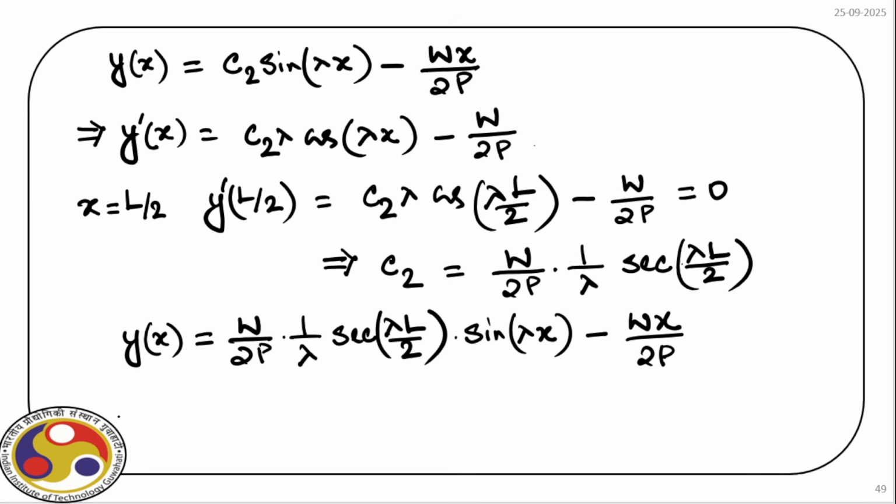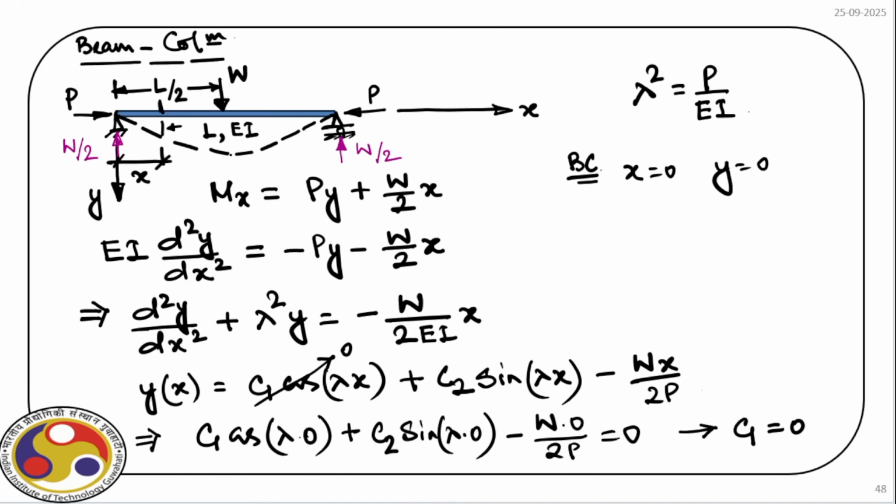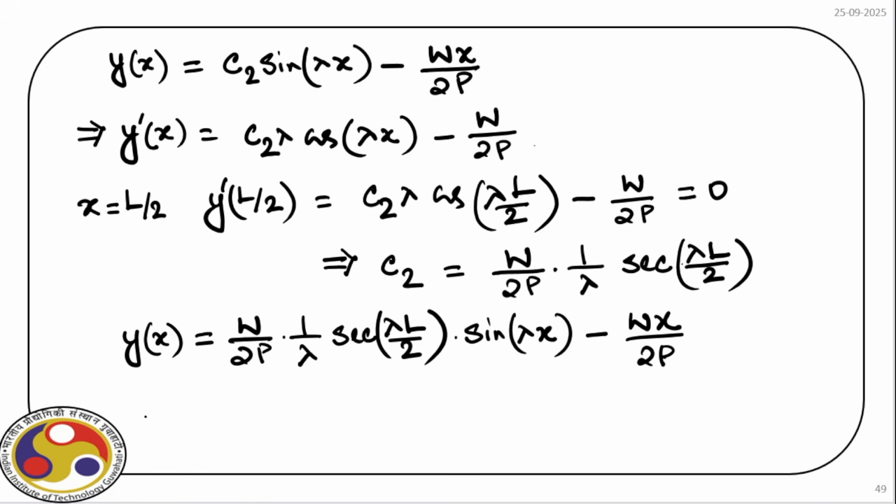Right. Now from this expression we can find out the maximum deflection which is at the middle. So at x equal to L by 2 we can find out the maximum deformation.